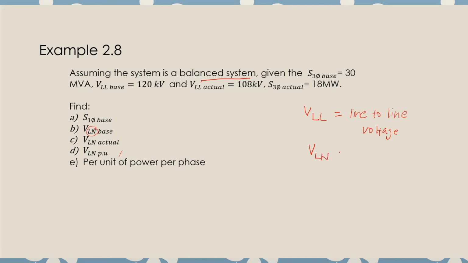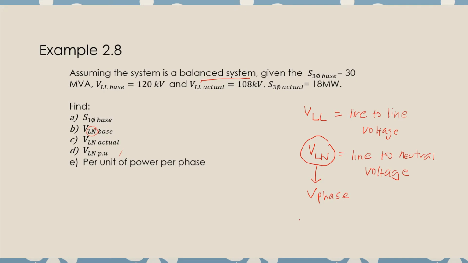So what does it mean? It means line to neutral. When you say line to neutral, automatically this means V phase.